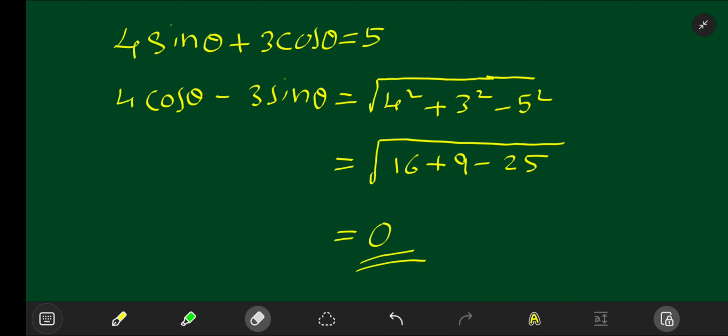Let's do one more example. 3 sin theta plus 5 cos theta is equal to 5. Oh, sorry, I am not habituated with this screen writing, guys.